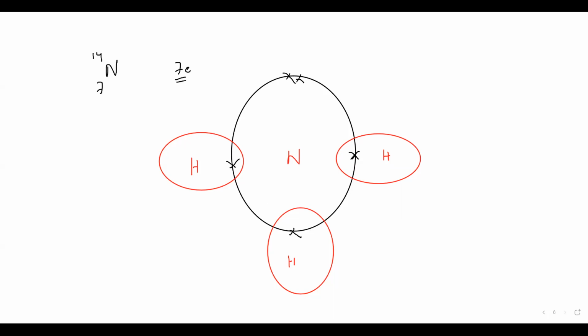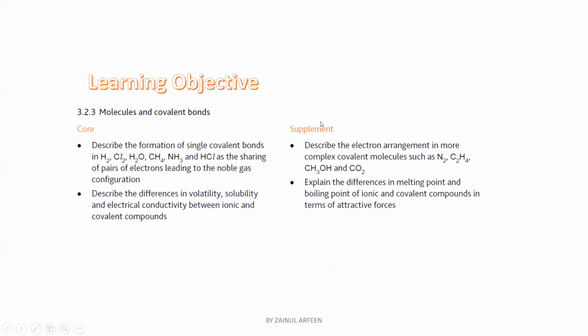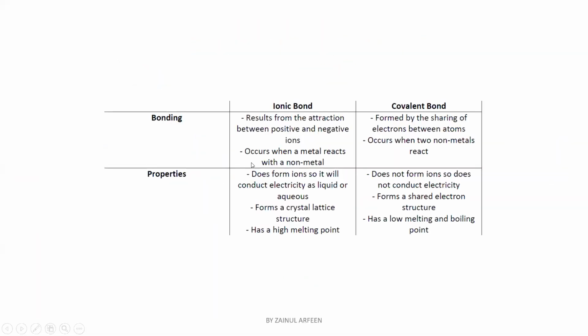So when we compare the two types of compounds, as we discussed, the ionic and the covalent, the comparison between them: ionic bonding, how it is formed, it results from an attraction between the positive and negative ion.